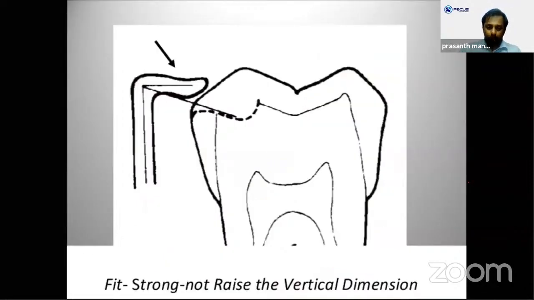Now, coming to rest seat preparations, what are the different requirements? Definitely it should have a preparation so that it doesn't cause interference. If it causes interference, it will result in an increase in vertical dimension. Primary rest is the main rest which is along with the clasp assembly.